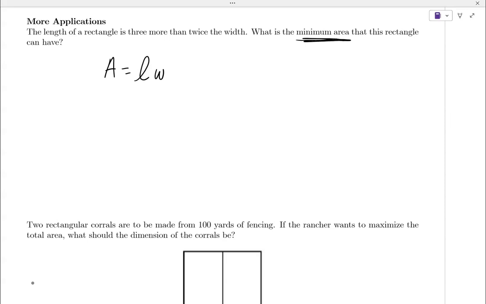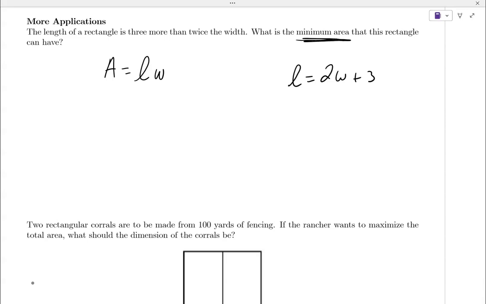Yeah, the length is 3 more than twice the width, right? So in this case, I know that the length is equal to what in terms of the width? Twice the width we would represent as 2w, and then 3 more, yeah, good, plus 3, right? So that's the other piece of information that we have.